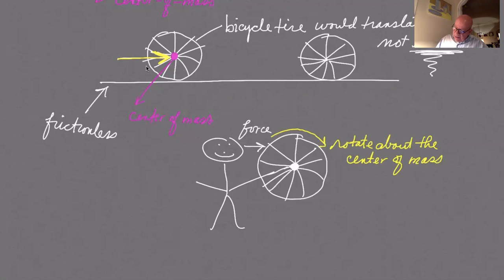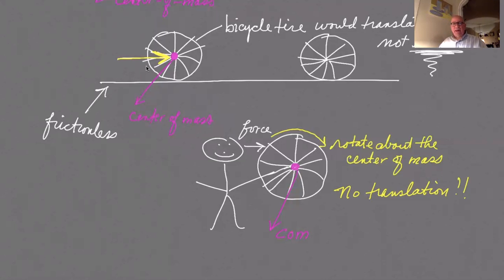So the center of mass is here. Right? This is the center of mass. The center of mass is not moving. Okay, so there's no translation. But there is rotation. And that's the subject of this chapter.